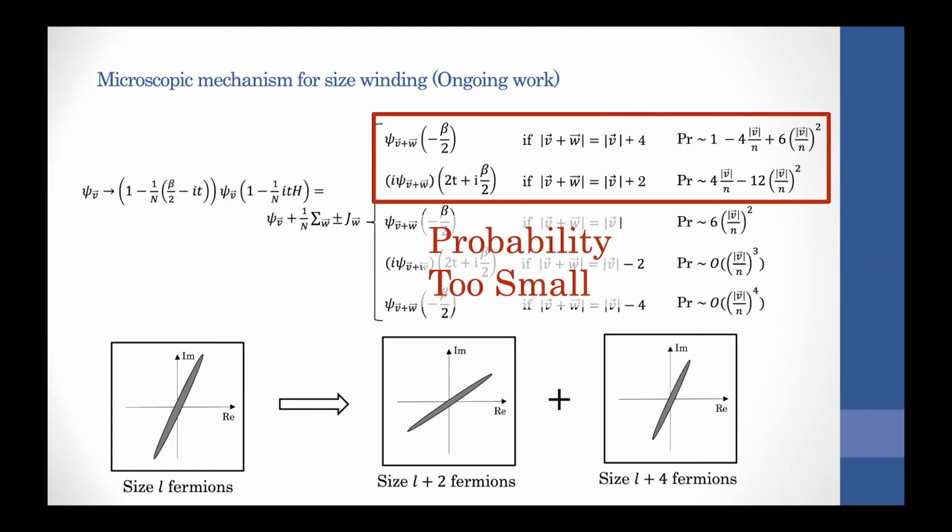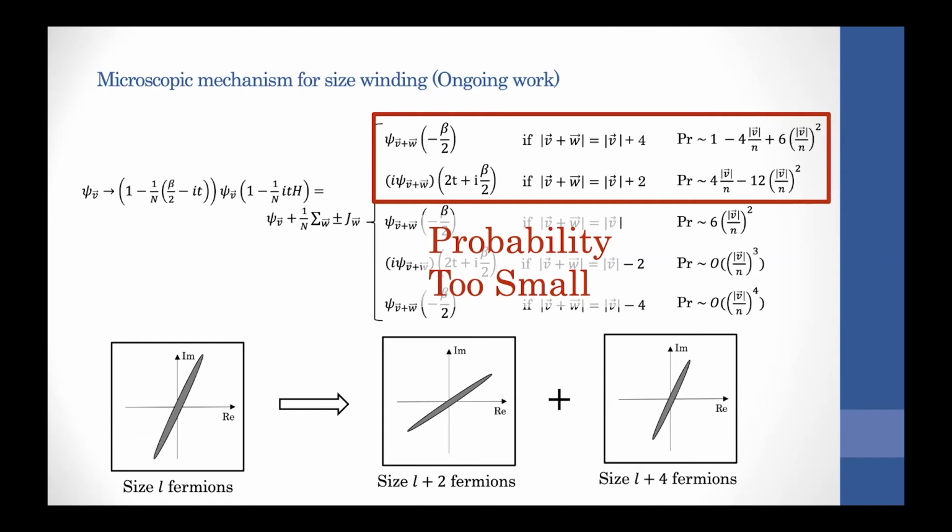The first one keeps the coefficient the same. I mean, if the coefficient is real, it just multiplies the coefficient of this psi v by a real number. The second one multiplies the coefficient by a complex phase, by the number 2t plus I beta over 4. So it has a phase of approximately beta over 2t.